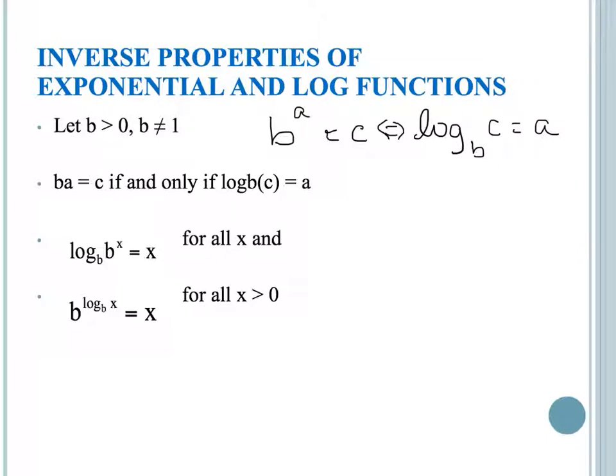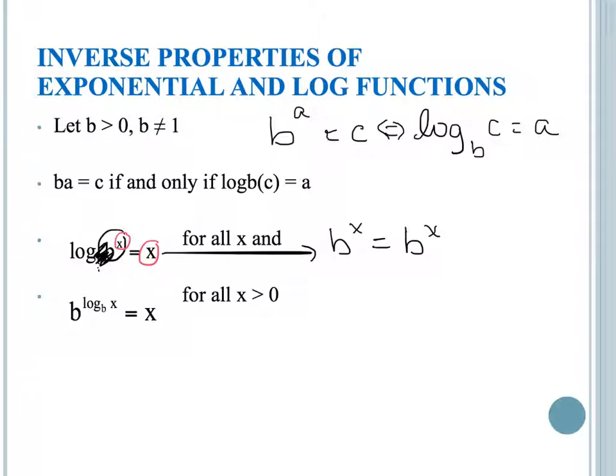When the base of the log and the base of this portion are the same, if I were to translate this into exponents, I would go from my base b down here to my exponent x equals b to the x. And so that's why we can cancel out those two b's, and we get x up here equals x over there.